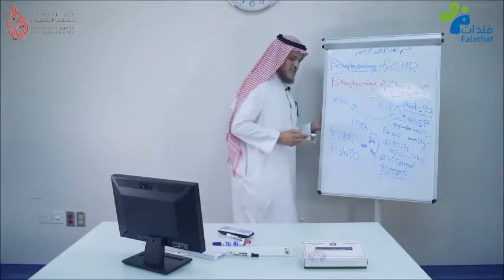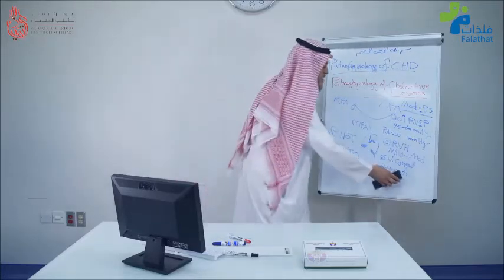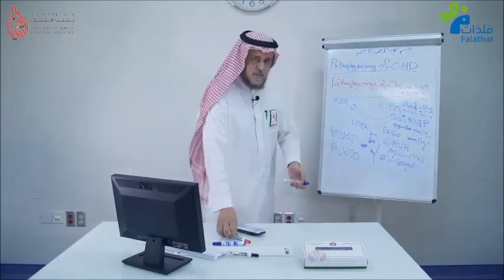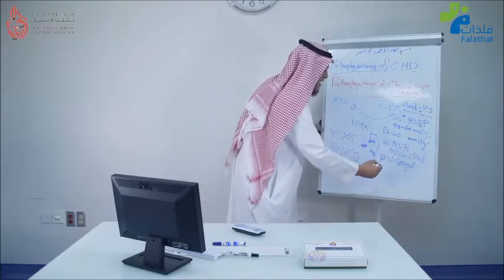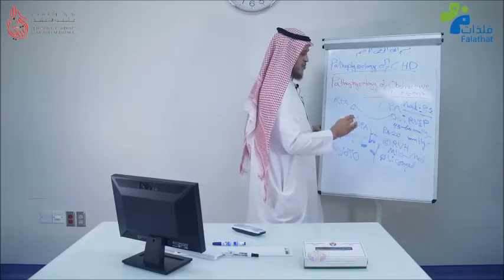We should not see a significant effect on RV-EDP, or right ventricular end-diastolic pressure. Why is that? Because we do not have significant RVH and because we do not have congestion.